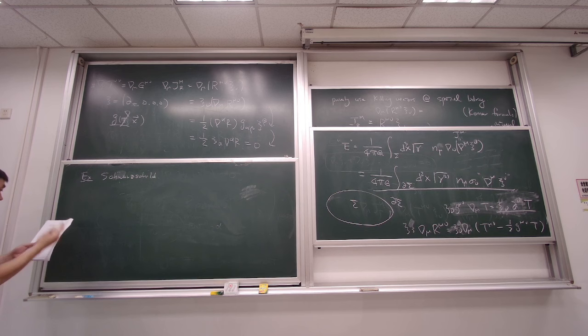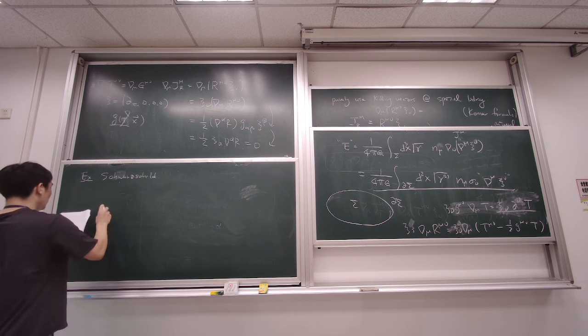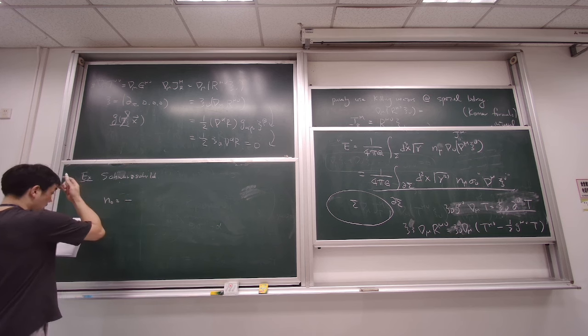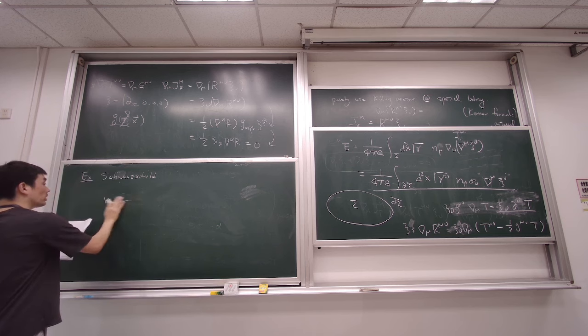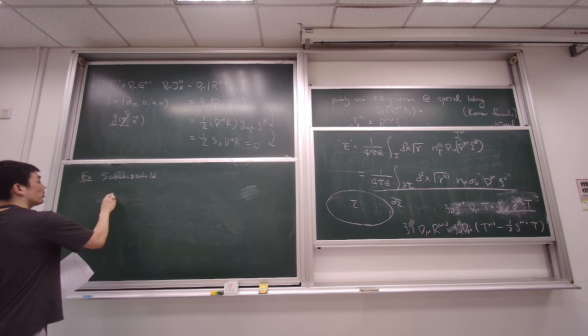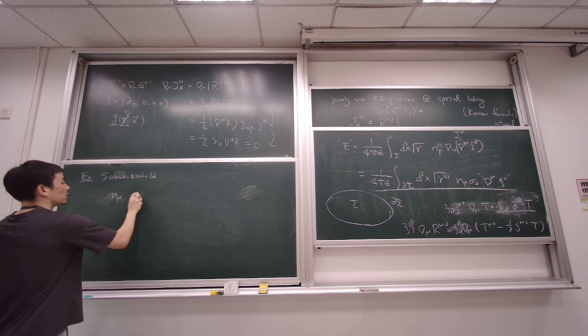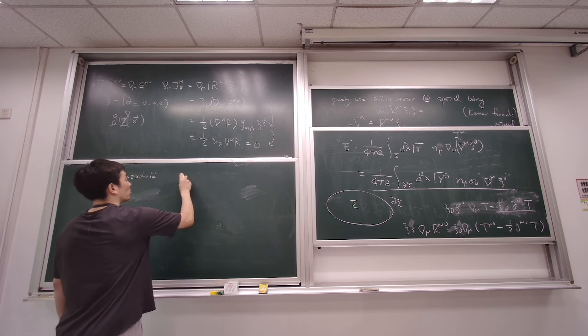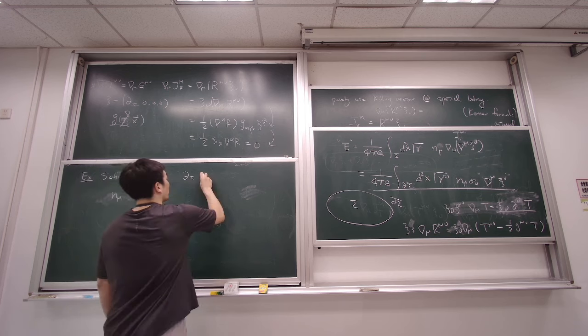Fine. So for Schwarzschild, we know that n is time-like. As I mentioned, partial t is the Killing vector.